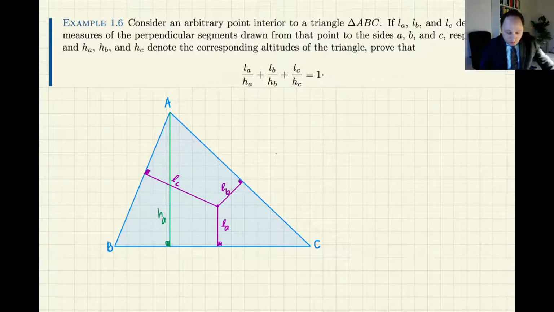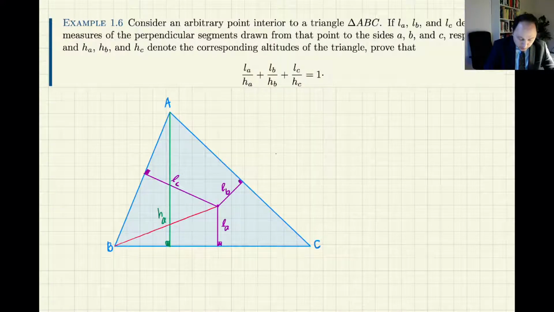Okay, so now what I want to solve here would be using the idea of the area. I think it is not that hard to understand how I want to do that. Let me change my color to this one, and let me connect these vertices to this point that I have already chosen.